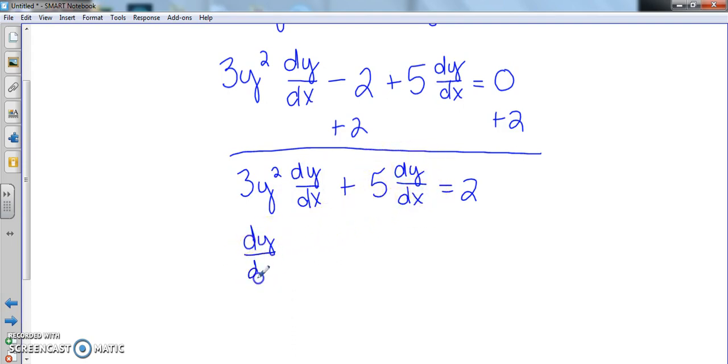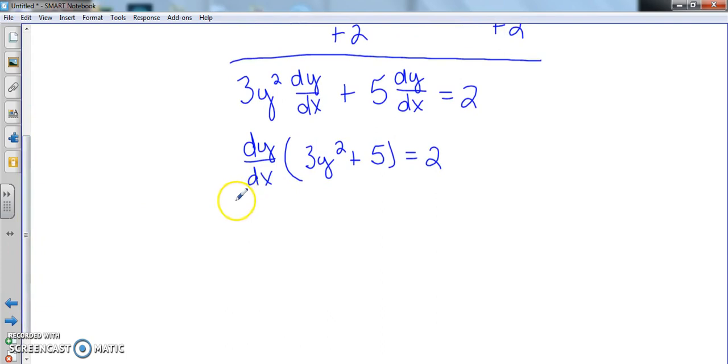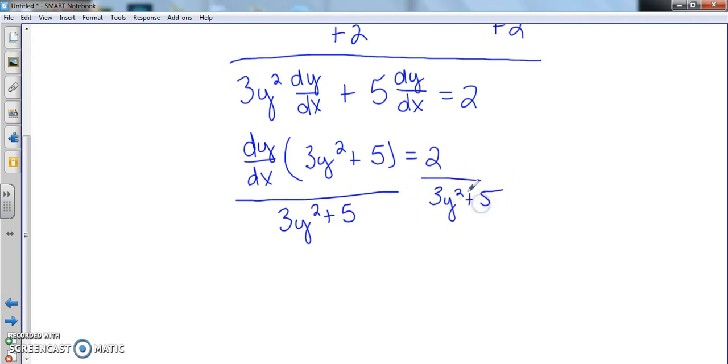And that is what I'm going to factor out. So when I do that, I'm just left with 3y squared plus 5 equals 2. Now what we're going to do is divide both sides by 3y squared plus 5. So my final answer is dy/dx is equal to 2 over 3y squared plus 5.